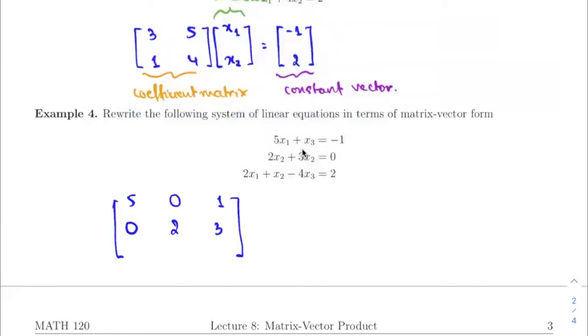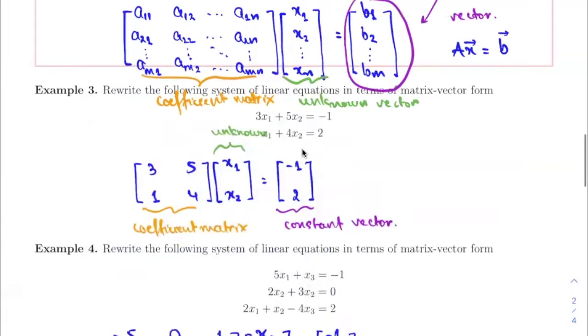And in the last equation, you have 2, 1, and -4. This coefficient matrix will act on the column vector x1, x2, x3 to indicate that there are 3 unknowns in the system. And the right-hand side is the constant vector, which consists of -1, 0, and 2.